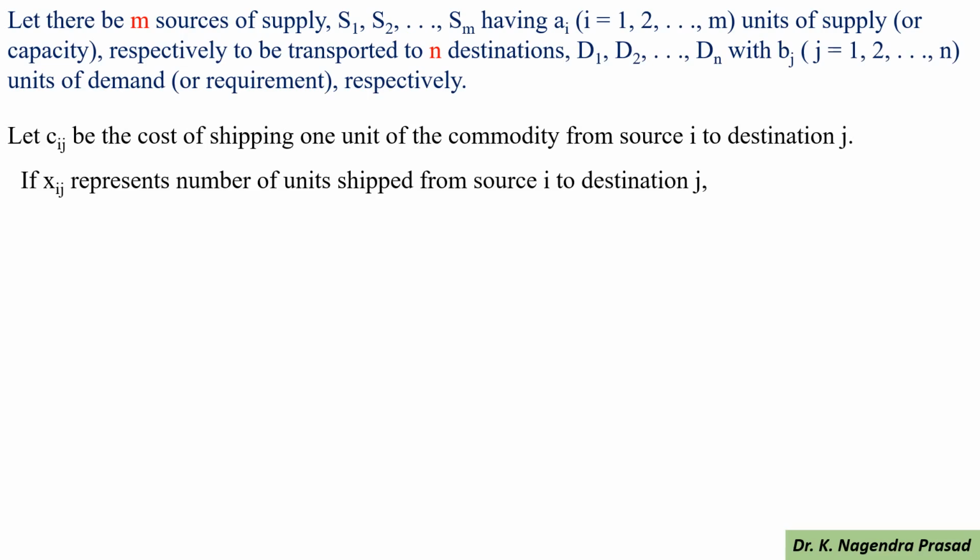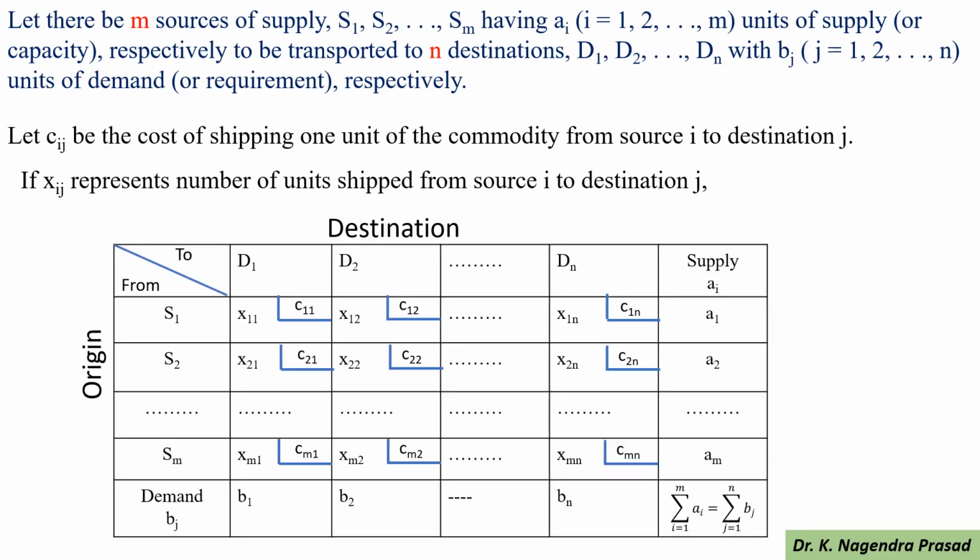Let's see how to represent a transportation problem by this given data. We know that supply centers or origins are represented in rows, that is S1, S2 up to Sm. The supply values are A1, A2 up to Am for the corresponding supply centers.